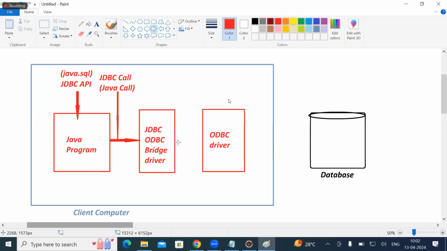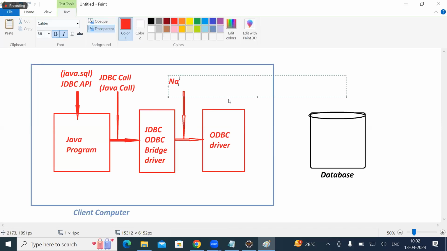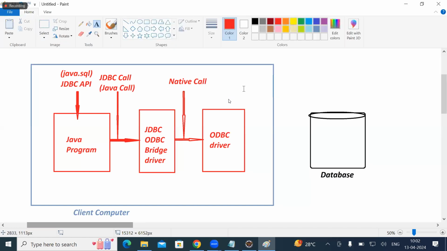Now, the JDBC-ODBC driver will convert the JDBC call into a native call. Native means nativity certificates will be there, no? Nothing but local area certificates. Native means local.